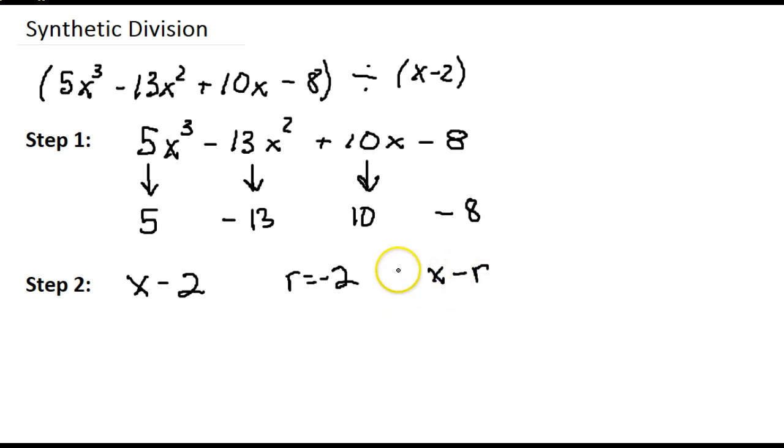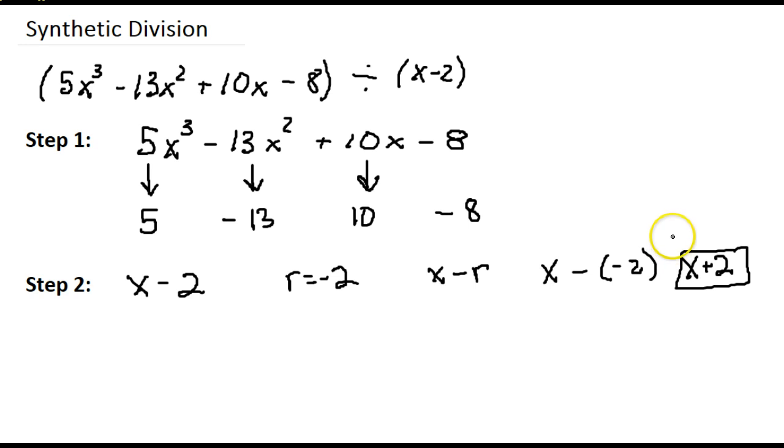So we write that as x minus a negative r of negative 2, which becomes x plus 2. That's in the terms of x minus r. So we look at just our r term. So our r is actually a positive 2. So this is what we're going to use.